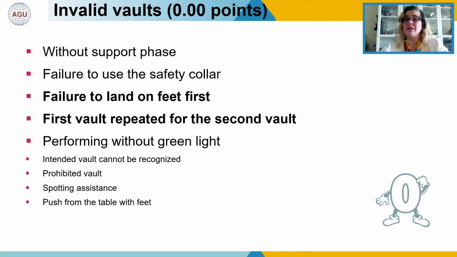And also if the gymnast performs prohibited volts, like a straddled volt, a prohibited pre-element before the springboard, or, as you see in the last sentence, pushes the table with both feet. Also, if there is any spotting assistance during any phase of the vault, it's again 0. So this is very important, the invalid volts which receive 0. I made the reminder to you.